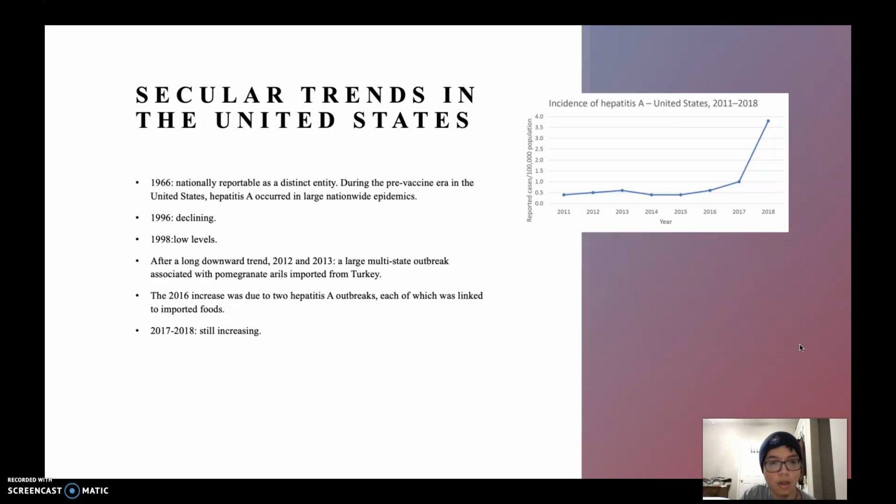After a long downward trend, between 2012 and 2013 it started increasing again, due to a large multi-state outbreak associated with pomegranate arils imported from Turkey. And in 2016, the increase was due to 2 hepatitis A outbreaks, each of which was linked to imported foods, and it kept increasing until 2018, as you can see in the chart.